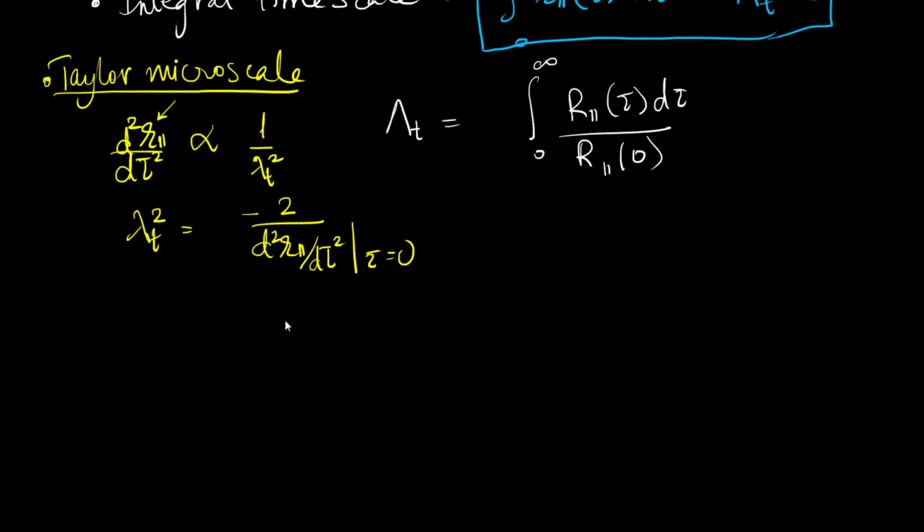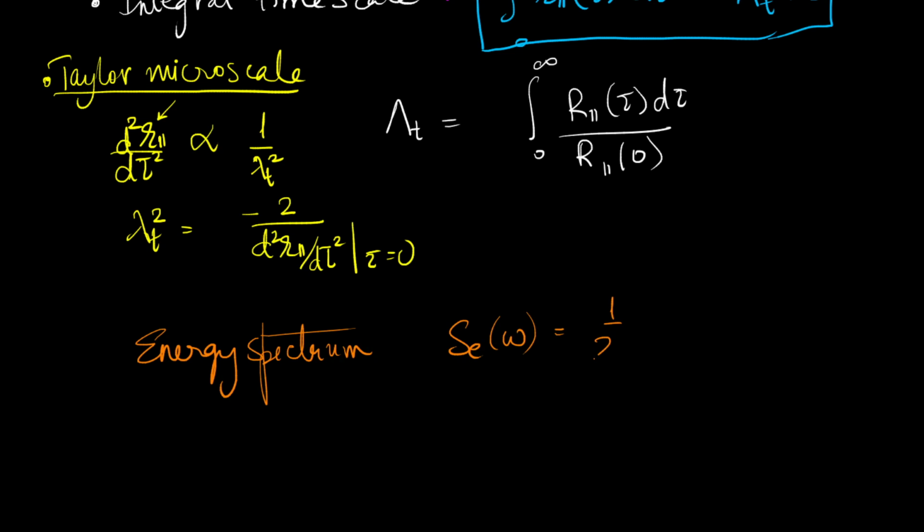Let us move on to the definition of a spectrum. So the energy spectrum is defined in terms of Fourier transform. So Se is the energy spectrum, and this is equal to 1 by 2 pi integral minus infinity to infinity times the Fourier transform of R11.